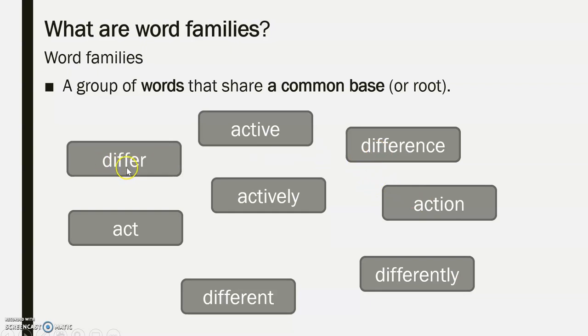Differ, differ, differ. And if we look at the other words, we have active, actively, act, and action. And here too, we can see that all of these words have something in common. Act, act, act, and action.